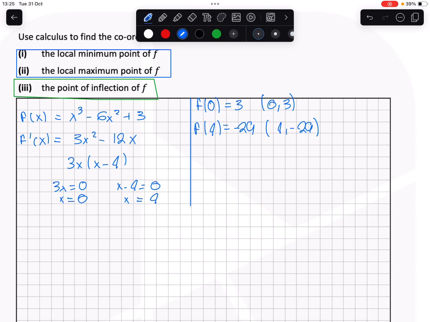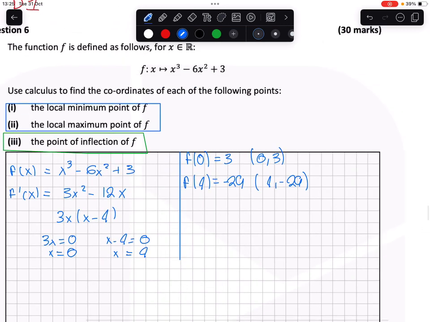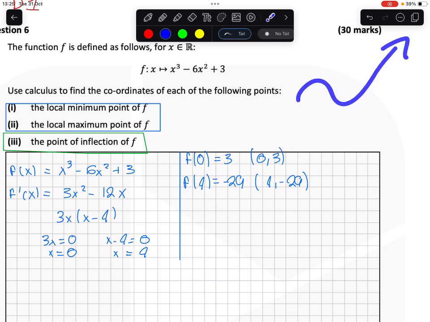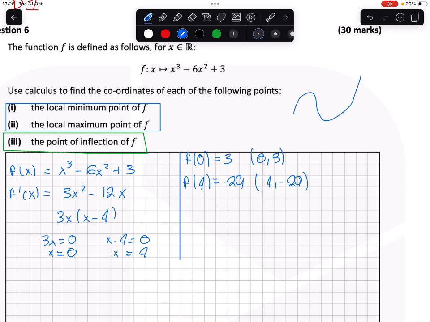Looking at this original function, what we have is positive x cubed. So we know that it's going to have this sort of a shape, where that tails off and that tails off. We know that it goes up, down, and then back up in some sort of way, and if we plot this, we know that this point right here has to be (0, 3), and then this point right here, because it's further along, is (4, -29).